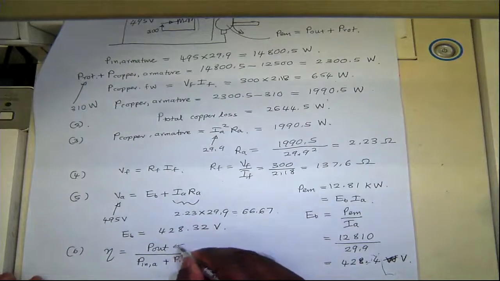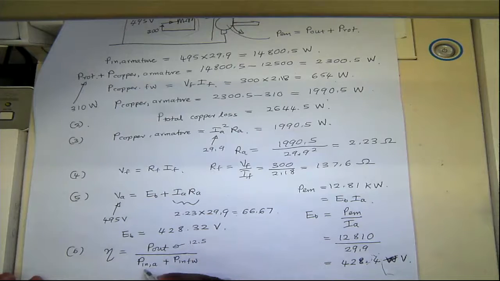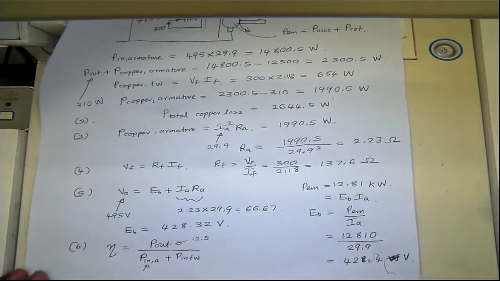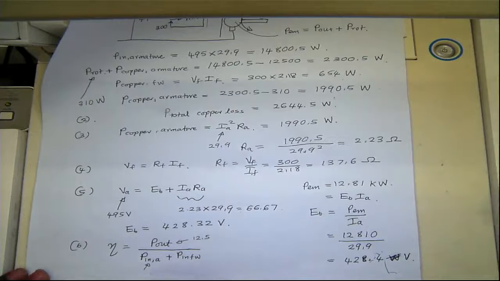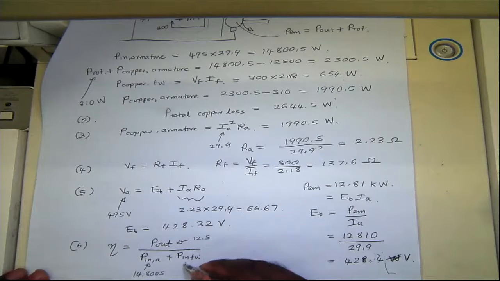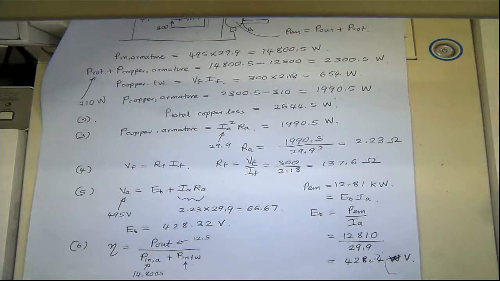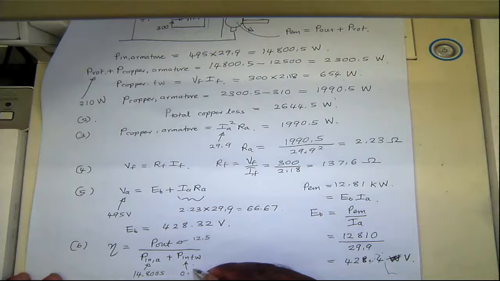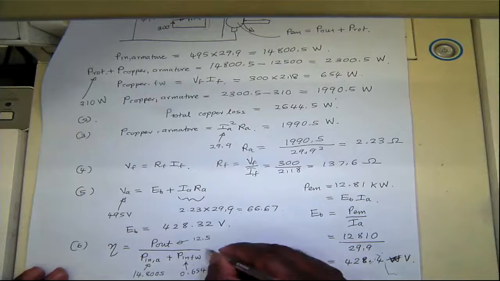So this is 12.5 and this is 14.8, and then field winding power is the field winding voltage times current, which we found as 0.654 kilowatt.